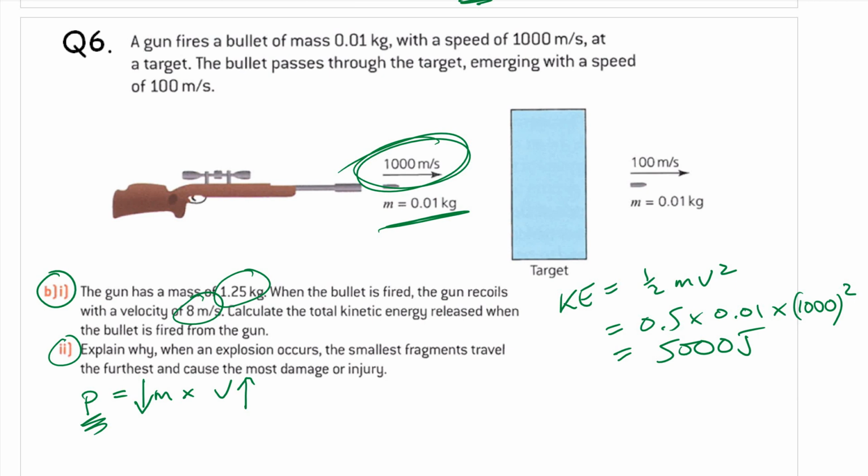Now, why do those objects cause the most amount of damage? Because kinetic energy is a half mv squared. So if you've got a high velocity and you square it, you are going to get an enormous amount of kinetic energy, which can then be transferred to damage or injure the person, unfortunately.